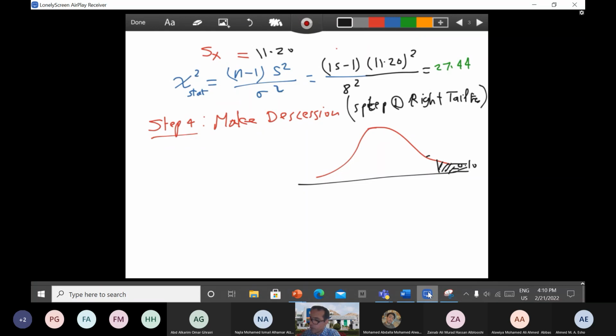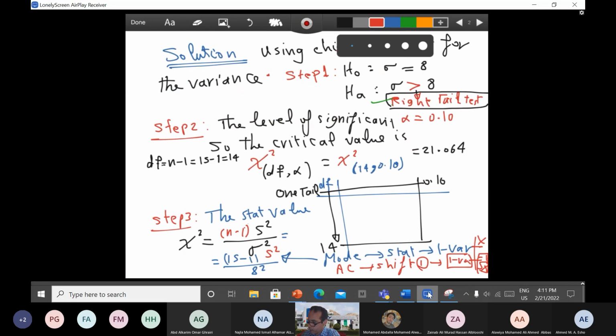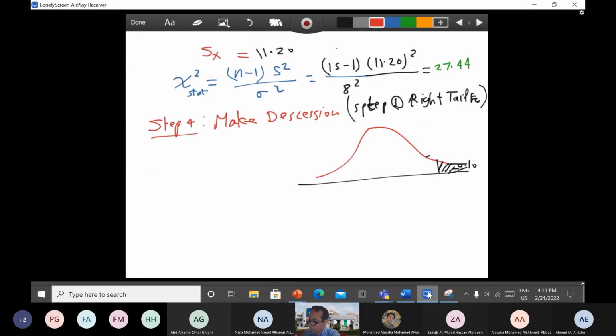Okay, and my critical value was what? My critical value was 21.064. This is the chi-square critical, right? What's my stat? My stat is 27, right? So the 27 will be over here.